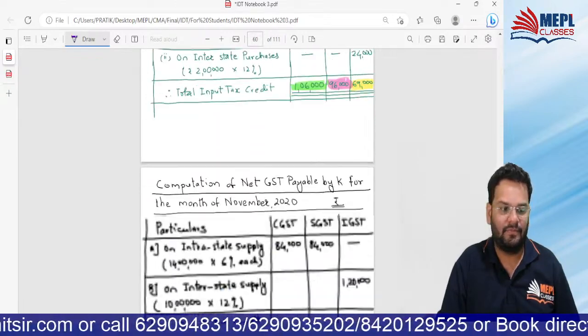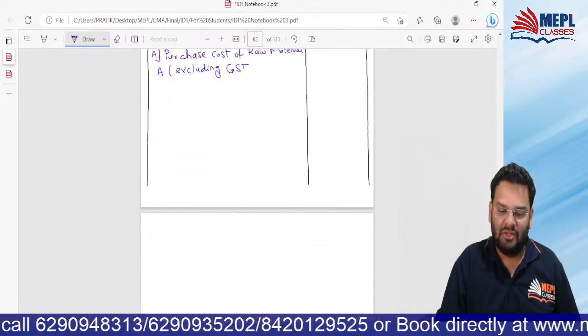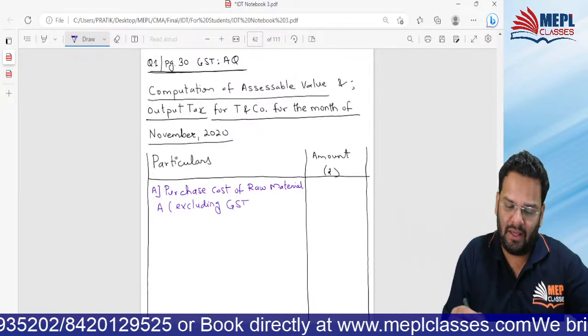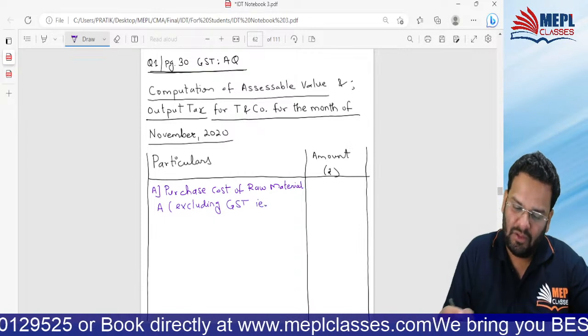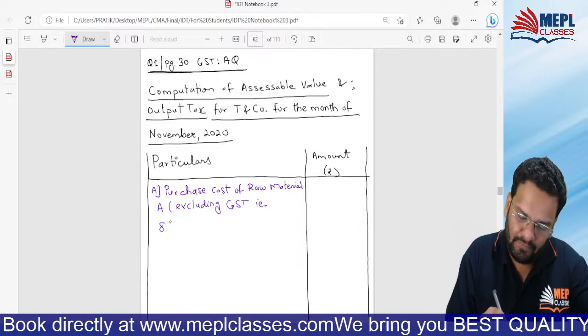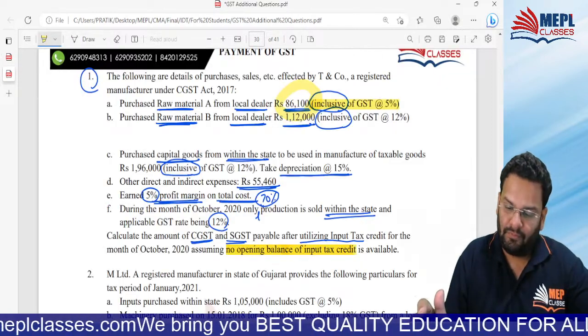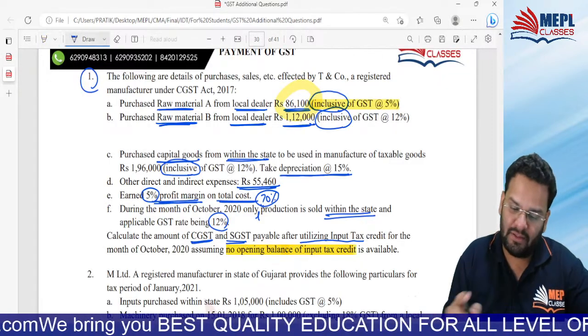Yes. So you should take purchase cost of raw material A excluding GST. So it is going to be 86,100. You know that 86,100.